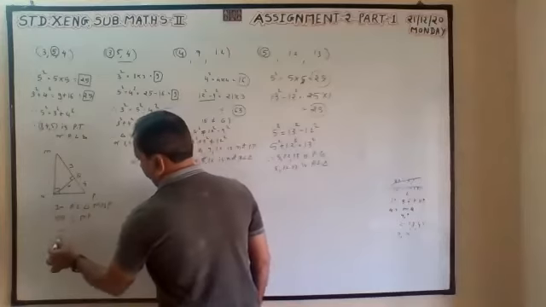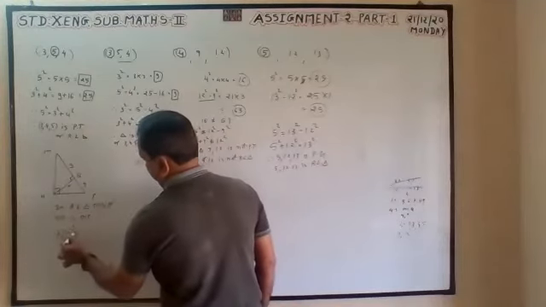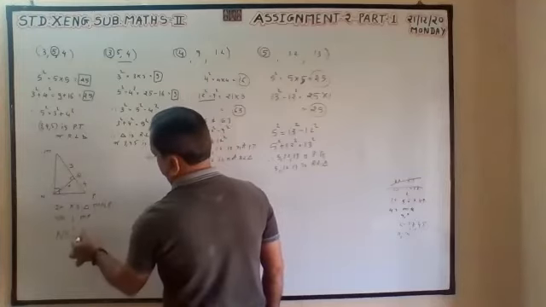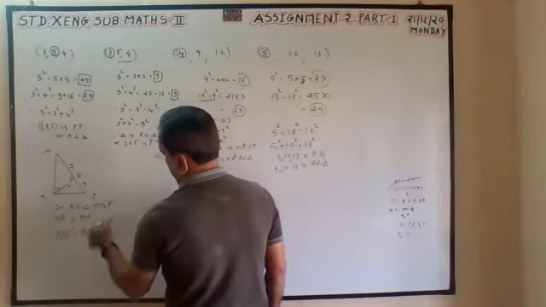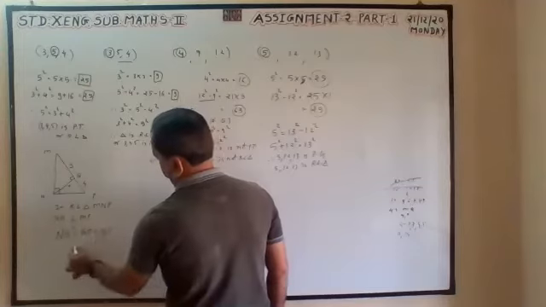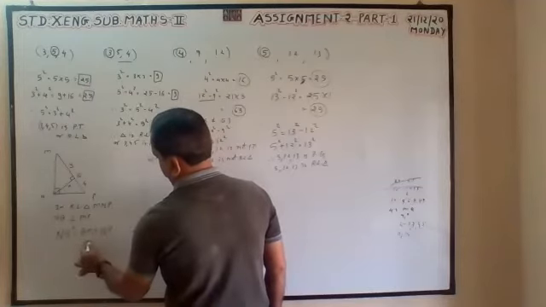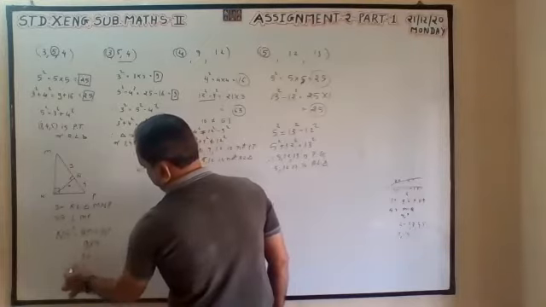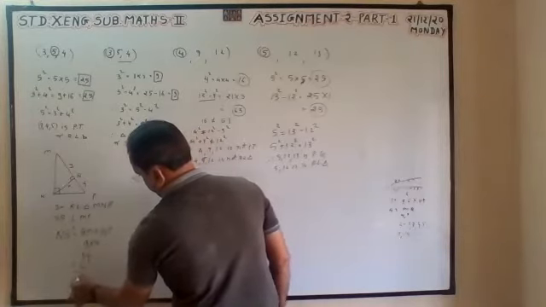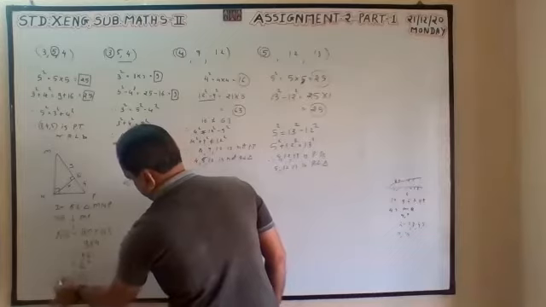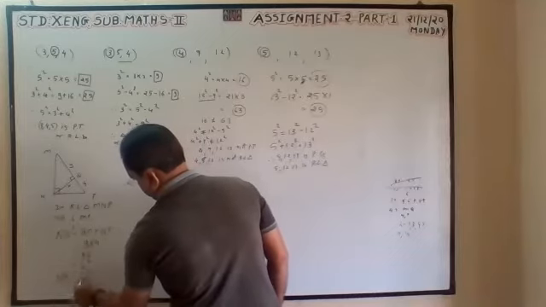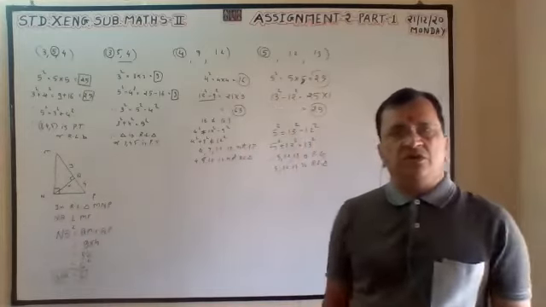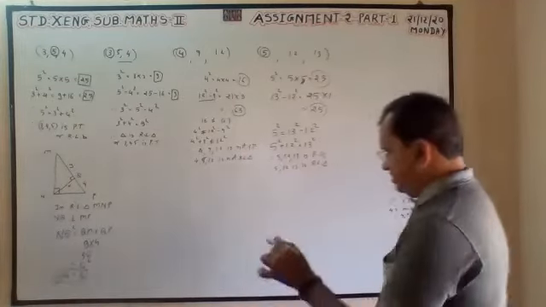Then only you can write as per the geometric mean: NQ square is equal to QM into QP, is equal to 36, is equal to 6 square. We need NQ.